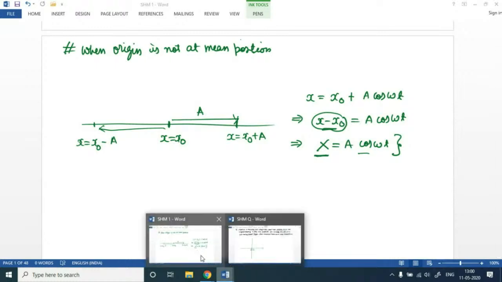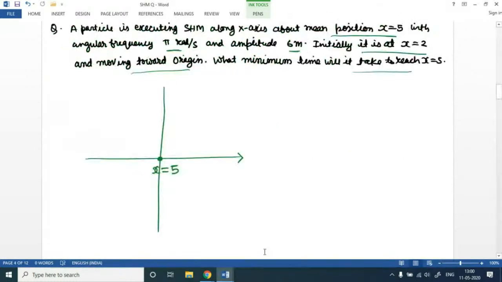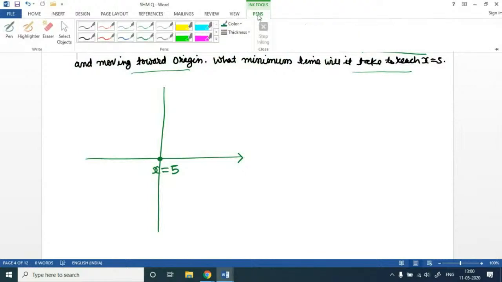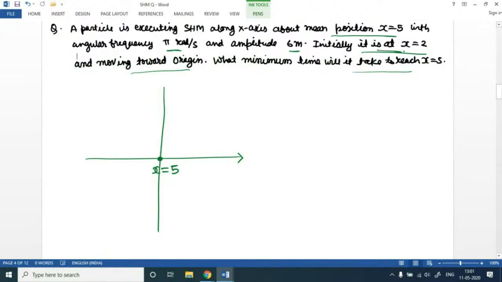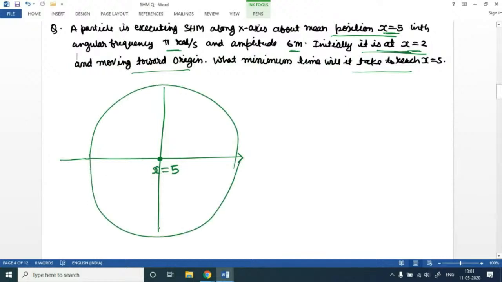So the question which we were solving was this. The mean position is nothing but x is equal to 5, and initially it is at x is equal to 2. So where would be the other extreme positions? The amplitude is 6 meter, so we can draw a reference circle of radius 6 meter. This radius here is basically 6 meters.